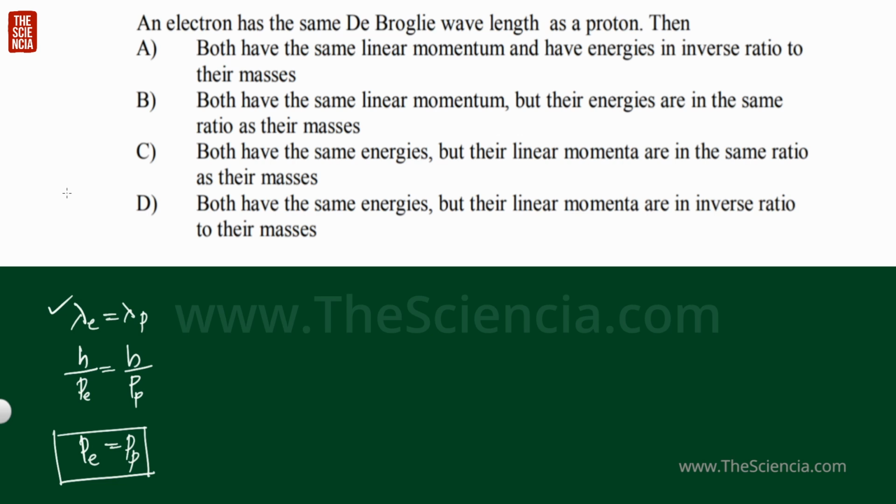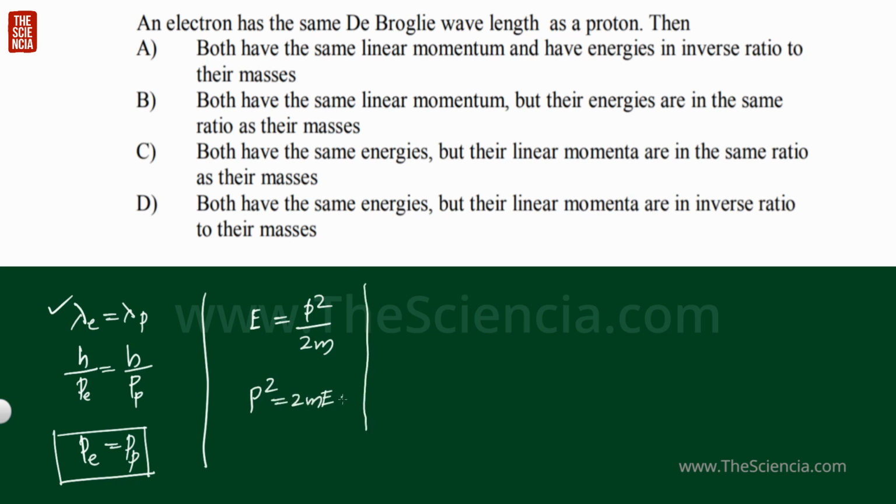Now we have to check the other condition. What is the other condition? That is about the relation between their energies and the masses. The energy is kinetic energy, that is E is equal to P square by 2m. That is, I can write P square is equal to 2mE.